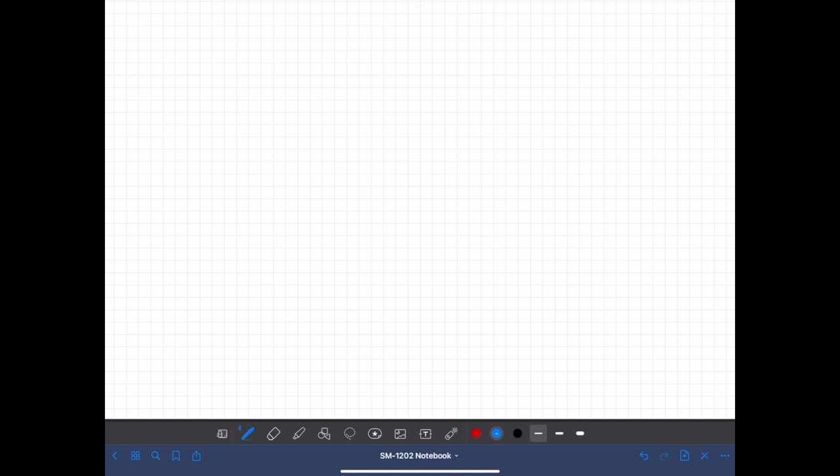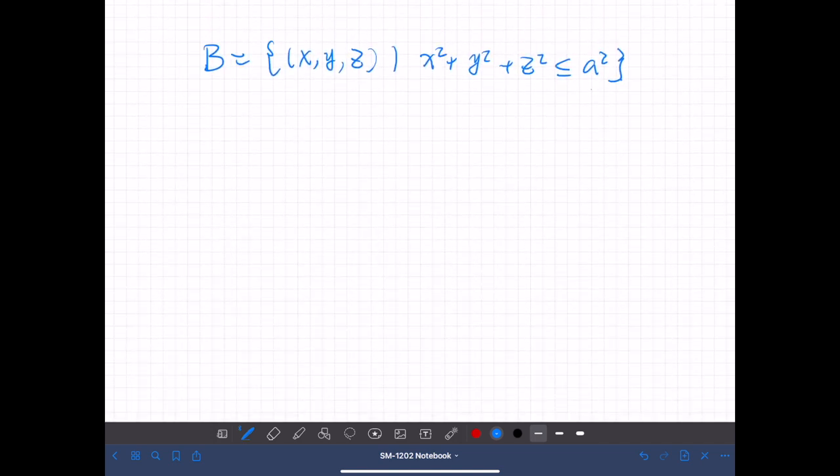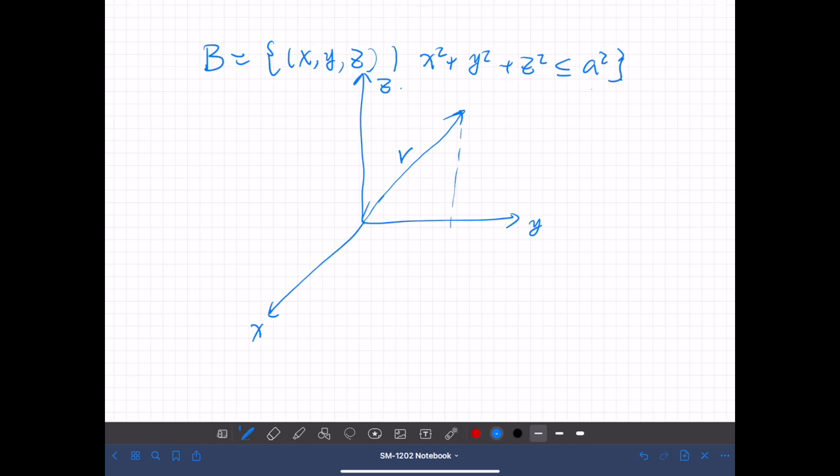Just like the polar coordinates in two-dimensional space, we express every point in three-dimensional space by the distance from the origin and some angles. But in this case, we have to use two different angles. So let's say we have a point x, y, z here, and we calculate the distance from the origin, and that is r. And then we project this point onto the xy plane.